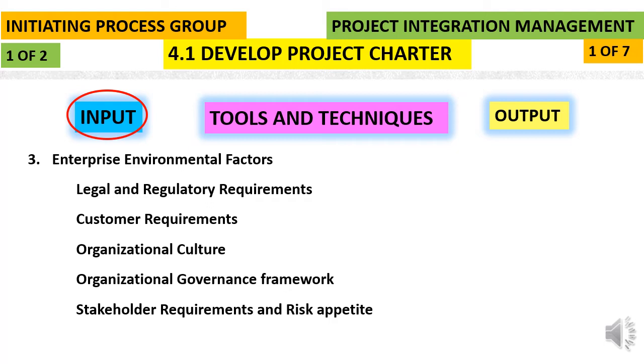So legal requirements are basically those stipulated by the state. That means for every country, the government stipulates some of the norms to be adhered to in order to execute any activity inside the organization, keeping in view the overall condition or the norms of the country.